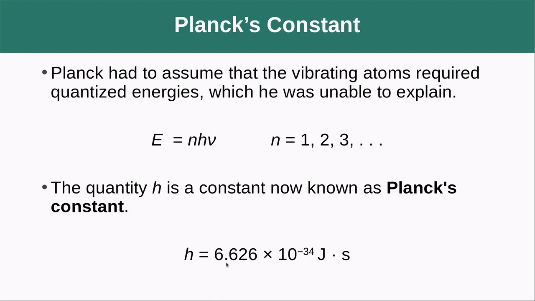You can see down here it's 6.626 times 10 to the negative 34 joule seconds. So you take joule seconds, you multiply it by reciprocal seconds, you get joules, which is the energy unit we've seen before. And the idea that it can only have these discrete values of 1 or 2 times that, or 3 times that, or 4 times that, that is quantization that we saw before with the standing waves.